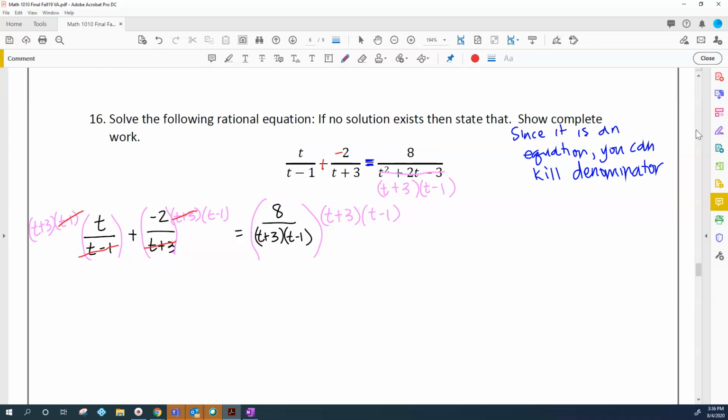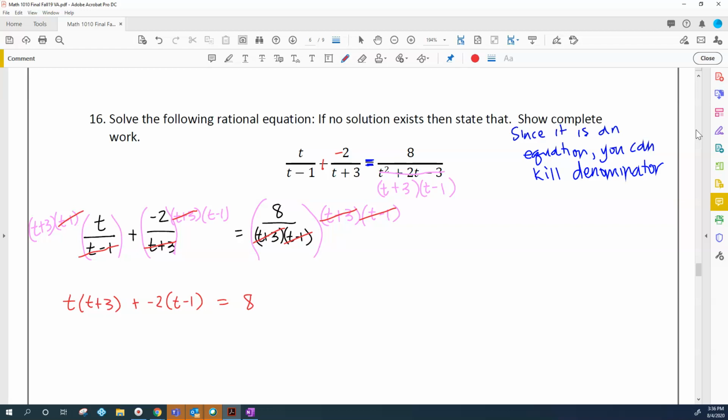Do you see t plus 3 in both places? And on the last fraction, both of those on the denominator get canceled out. And so what I'm left with is t times t plus 3 plus negative 2 times t minus 1 equals 8. And then I'm just solving it from here, right?